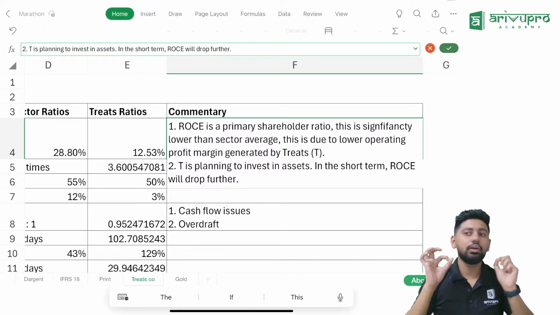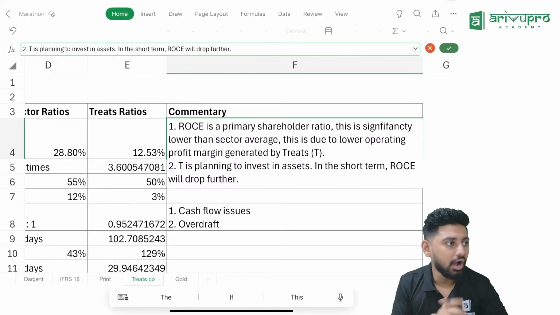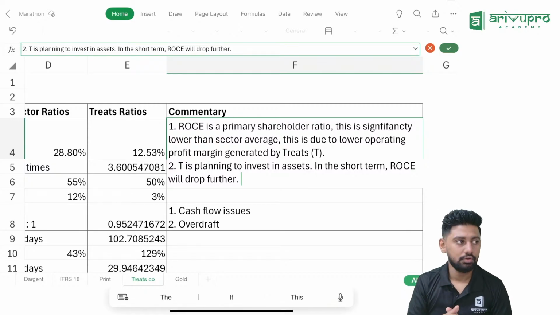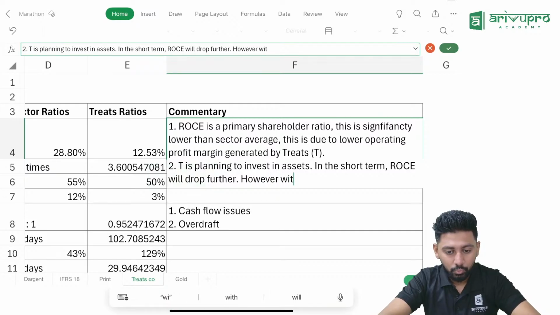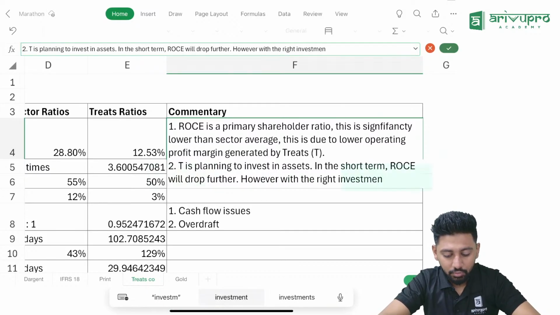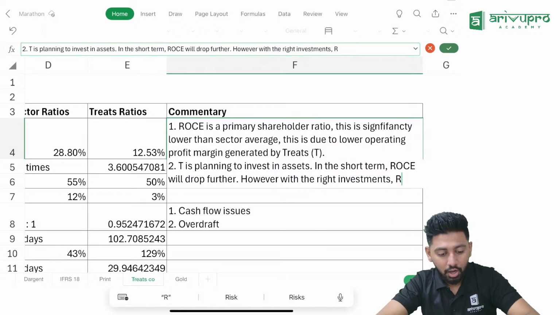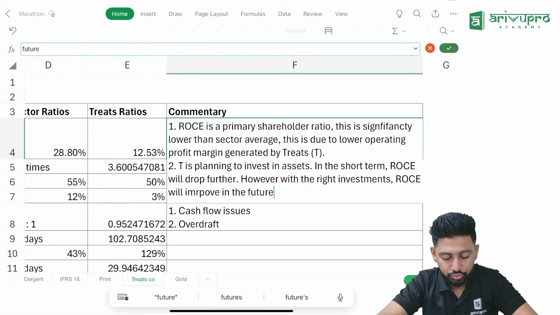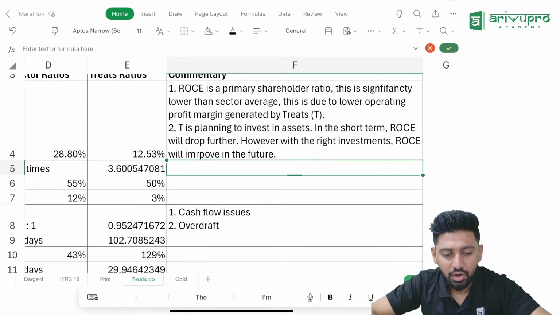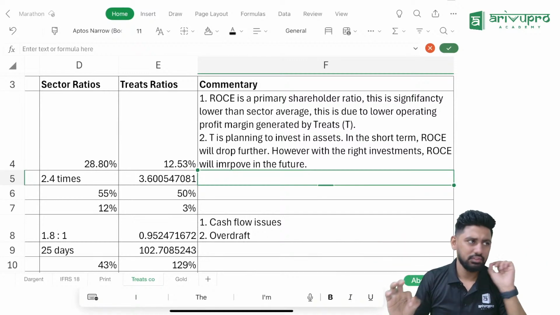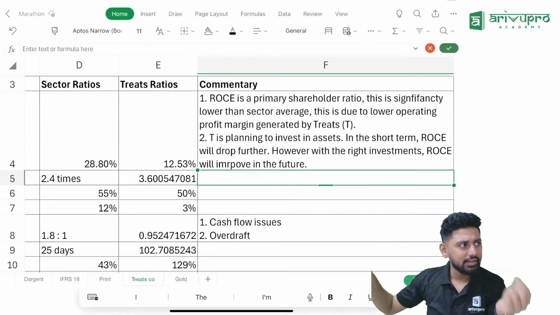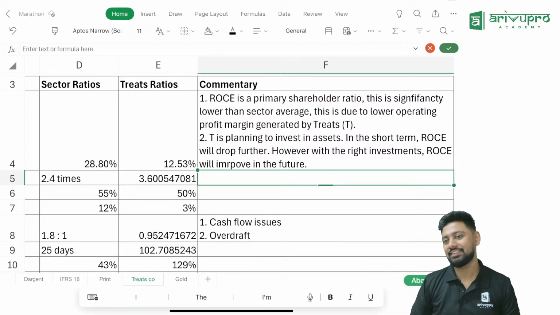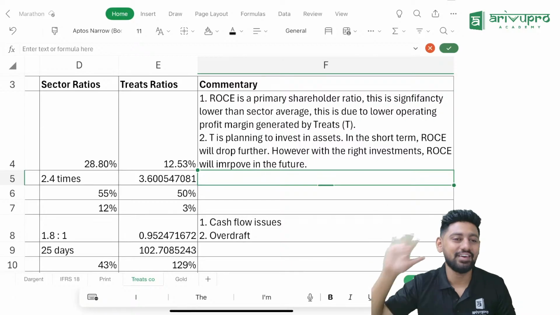However, in the long run, if you make the right investment, your assets will generate cash flows. With the right investments, ROCE will improve in the future. Look at how I'm telling the examiner: in the short run, it can further go down, but in the long run, it can improve. Give me my 1 mark. That's it.